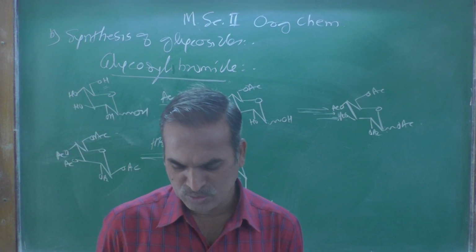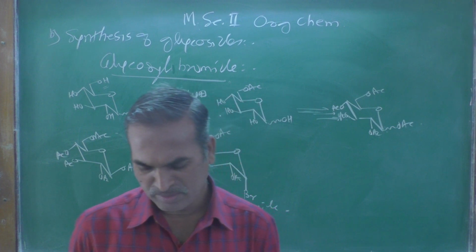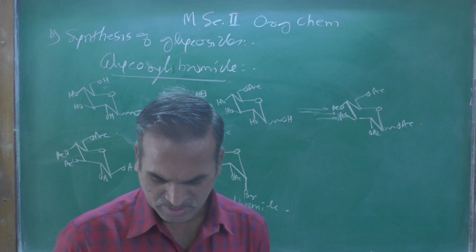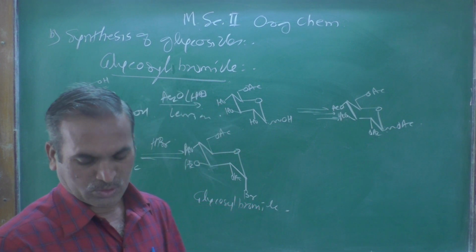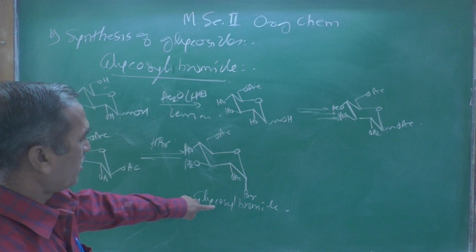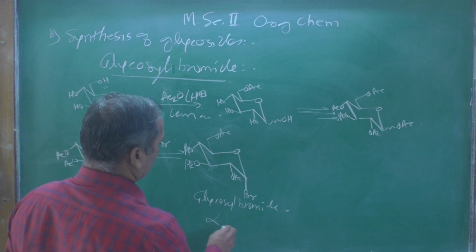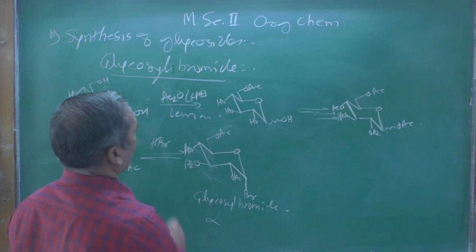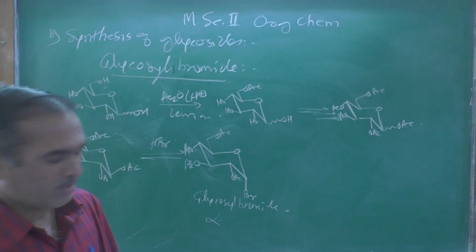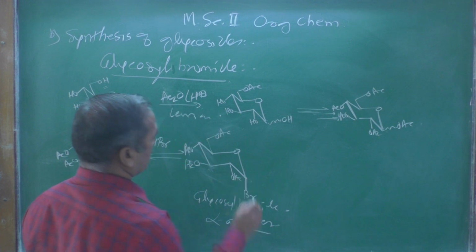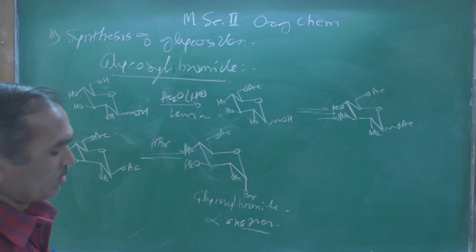The beta anomer is also possible in the presence of, suppose we have this type of compound over there. So this glycosyl bromide we have got, this one is the alpha anomer. We are getting the alpha anomer of this, because the beta is present below the plane.